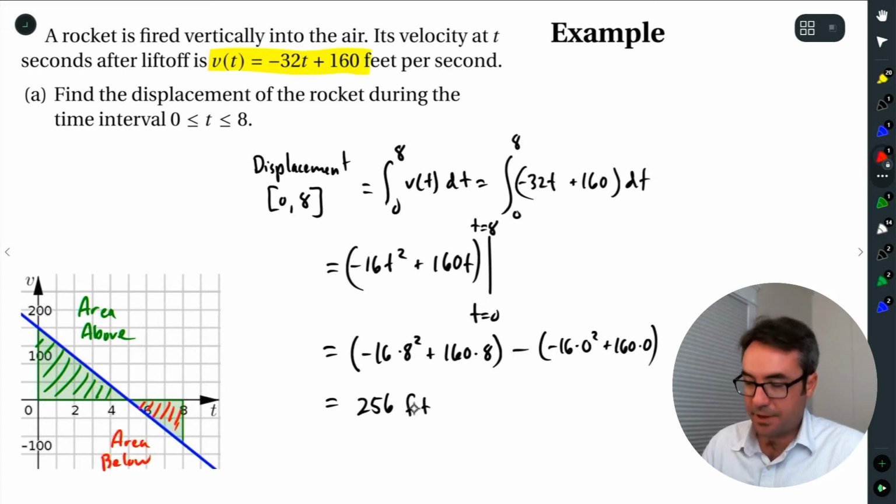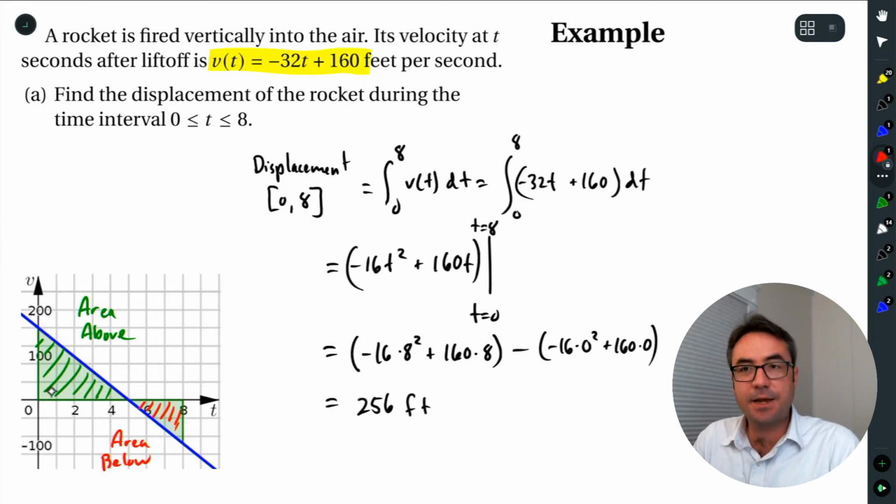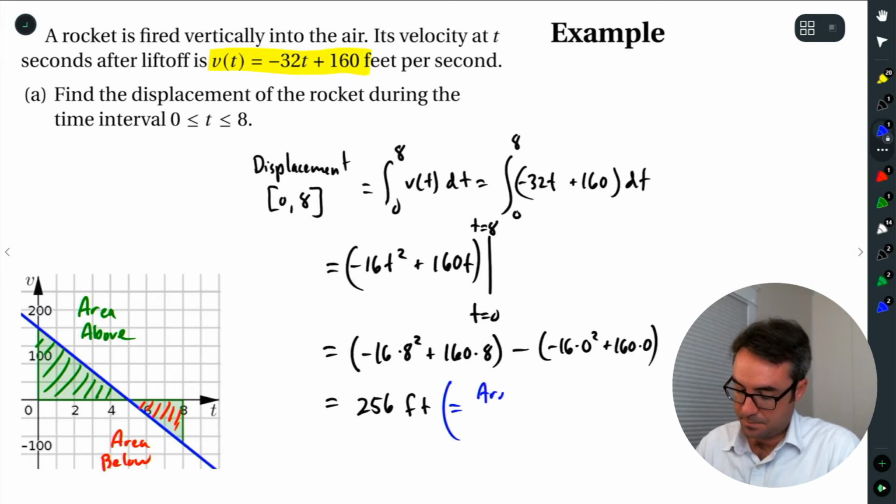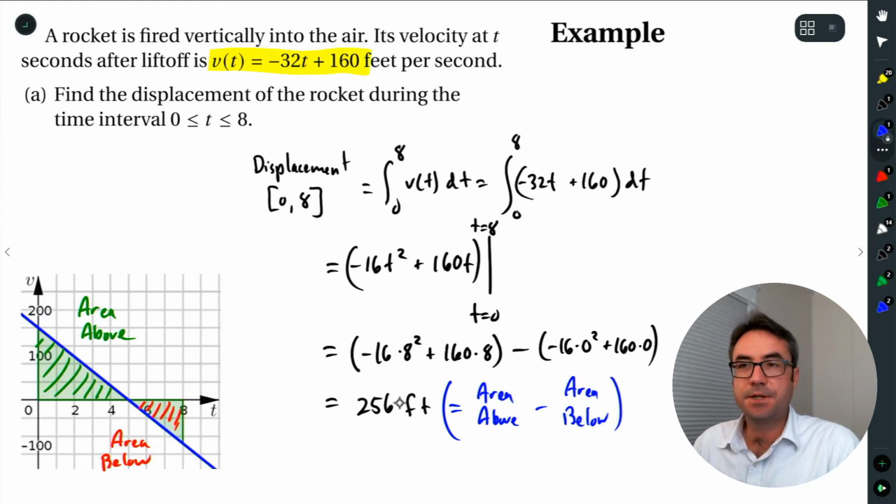And so another way to think of what this value represents is the area of this region minus the area of this region. So this is our displacement over this time interval from 0 to 8.